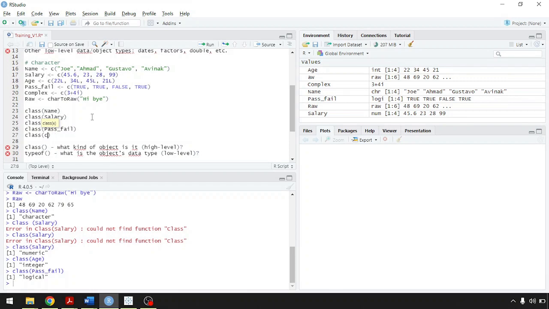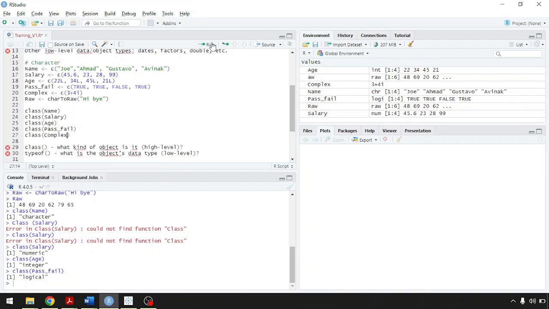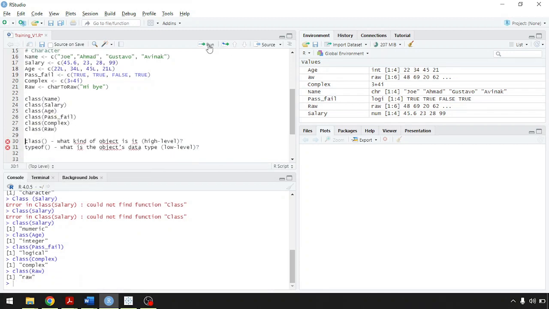If you're going to capitalize the names of your variables, make sure that you spell the name of the variable as accurately as possible. So complex, complex. The last one is raw, and it should bring us raw.